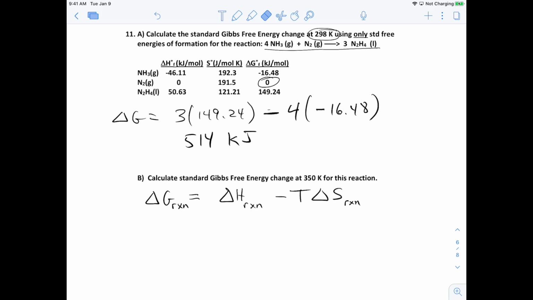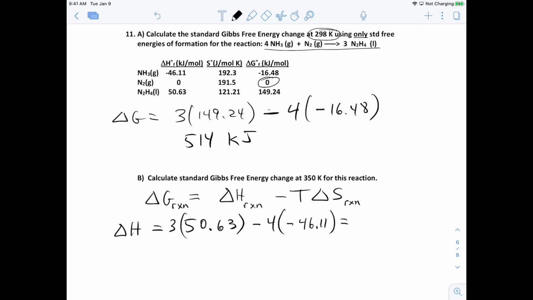All right. So delta H is 3 times the N2H4, which is 50.63, 50.63 times 3. And then we're going to subtract 4 times the ammonia, which is negative 46.11.